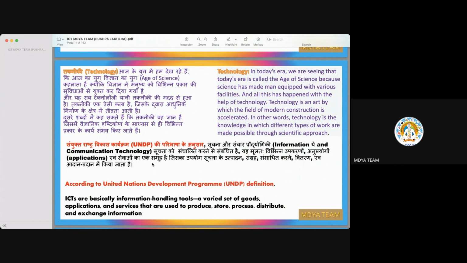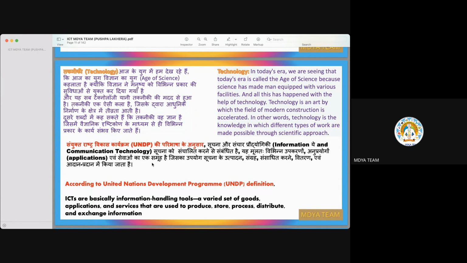UNDP, the United Nations Development Programme, gives a definition: ICTs are basically information handling tools, a varied set of goods, applications, and services that are used to produce, store, process, distribute, and exchange information. Everything is covered in that sentence.